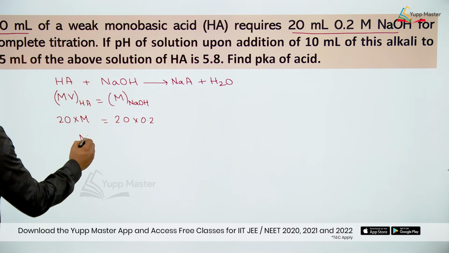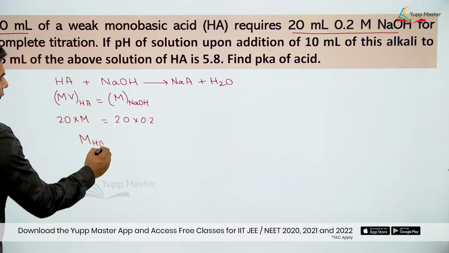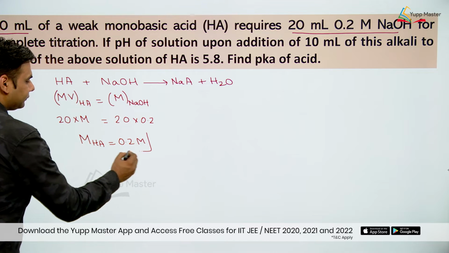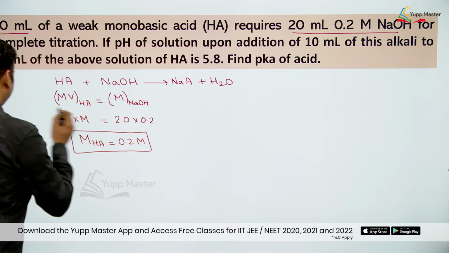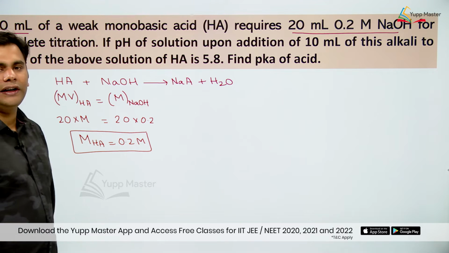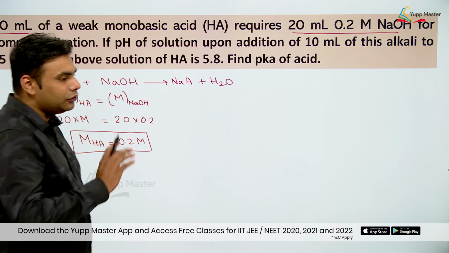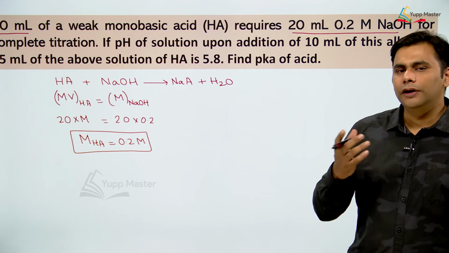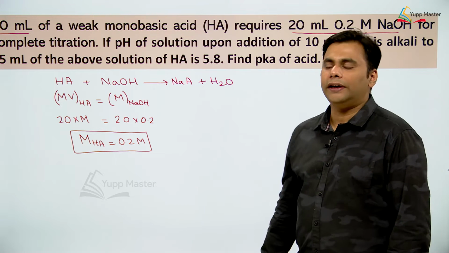So the molarity of HA would be 0.2 in this case, okay. So I hope this is clear. So basically the first data is given just to calculate the concentration of HA. So this you have to understand through practice, that what data will be used to extract what quantities, okay.